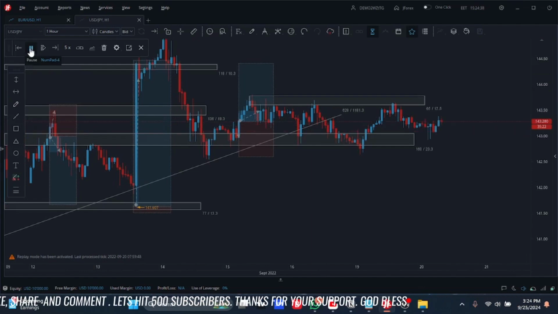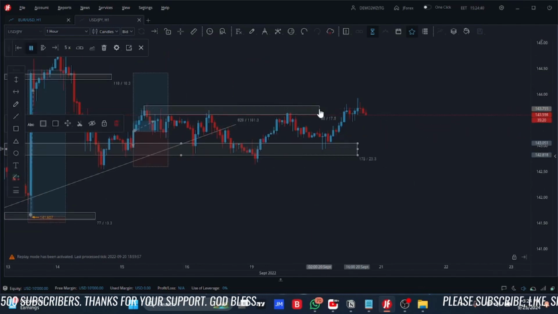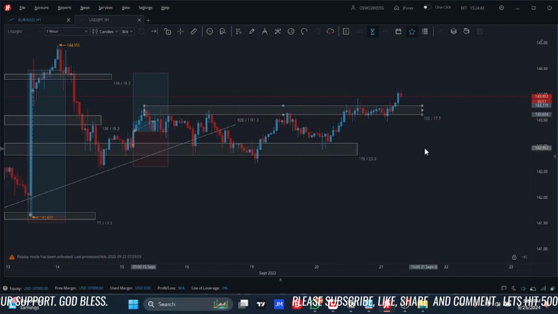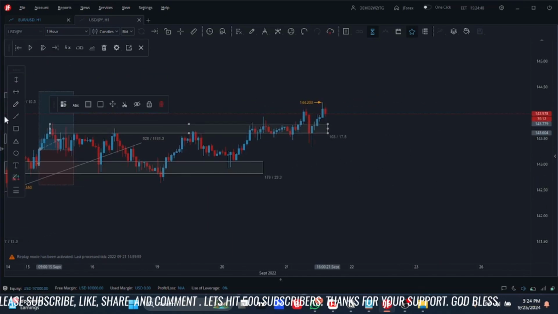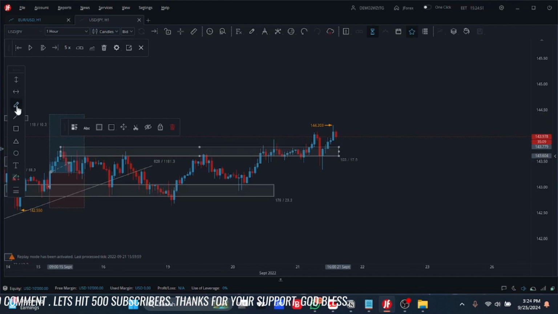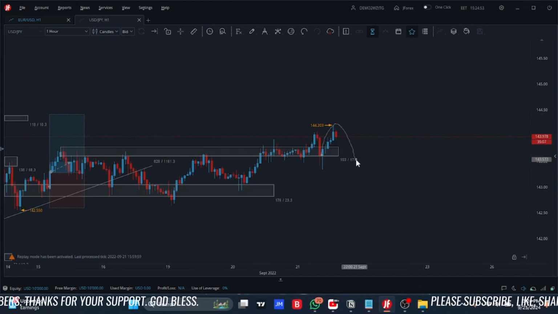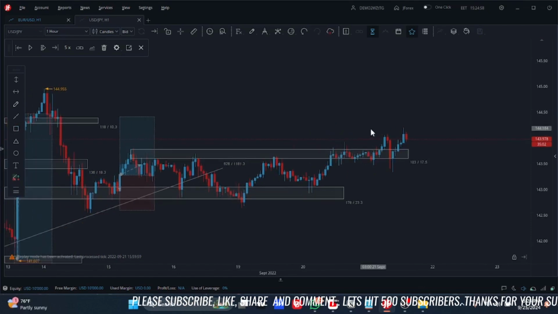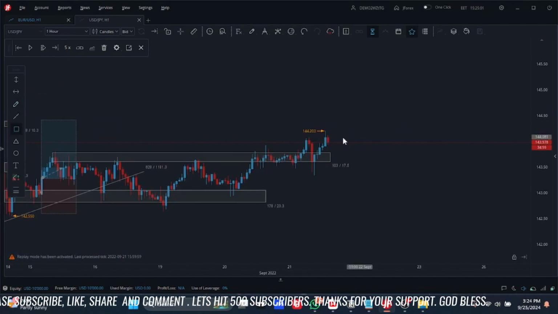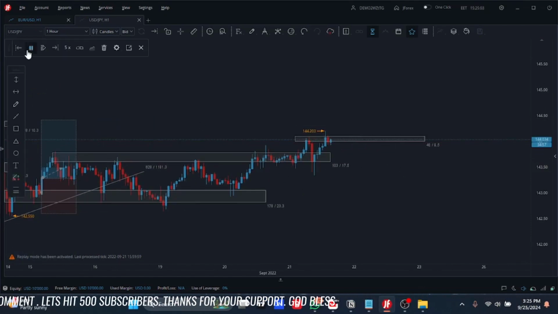Okay, now wait for price to either break the upper side or the lower side, and we'll anticipate where the market will be going. Now price is trying to break the upper zones. Wait for price to break, retest, then we'll take our buys from there. That's the legit entry.